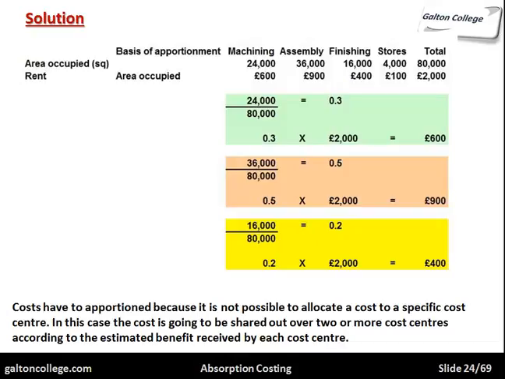So they've got a bigger area, they pay more. Stores only pays £100 because they've got a small area. So now the various departments, machining, assembly, finishing and stores, they know what they have to pay to cover the rent for their particular section.